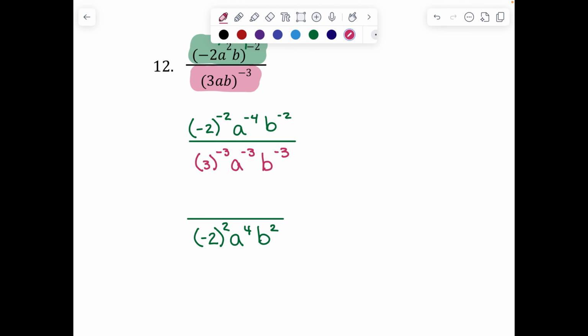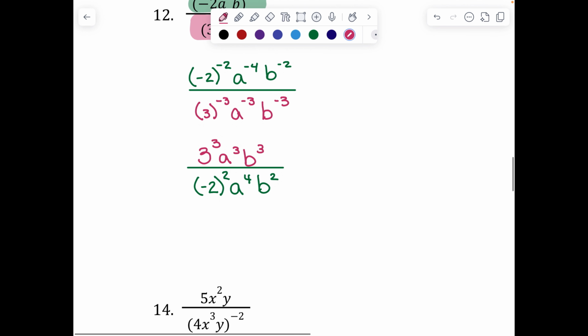So now we're going to move everything from our denominator that had a negative exponent into the numerator. So we have 3 to the third, a to the third, and b to the third.